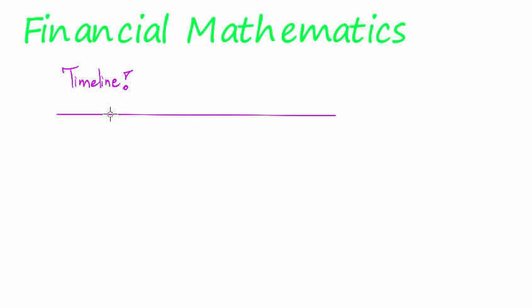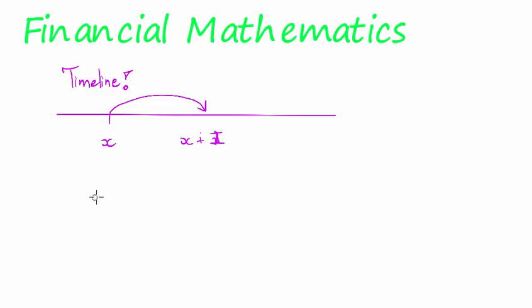So here's the point: in a timeline, at any point, if I have a value, any value, it doesn't matter what that value is, and I want to know what this value is in the future, all I need to do is take that value and add interest.